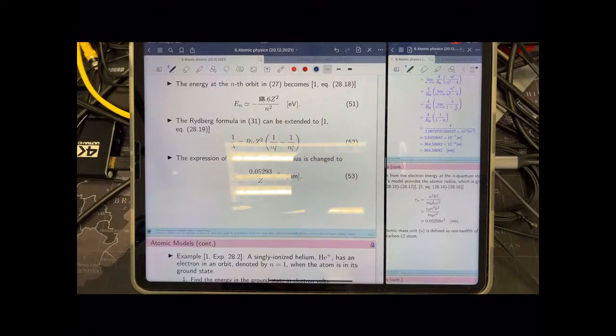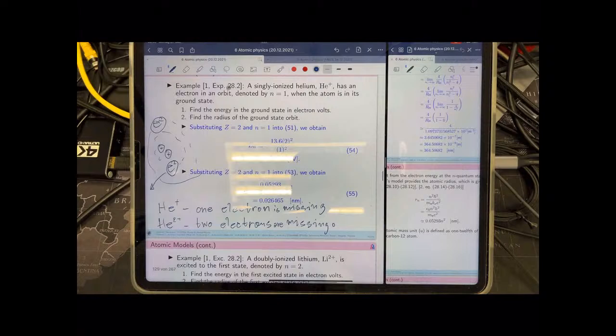En equals minus 13.6 Z squared by n squared. That's the energy level. The ionized helium has an electron in orbit denoted by n equal 1 when the atom is in its ground state.